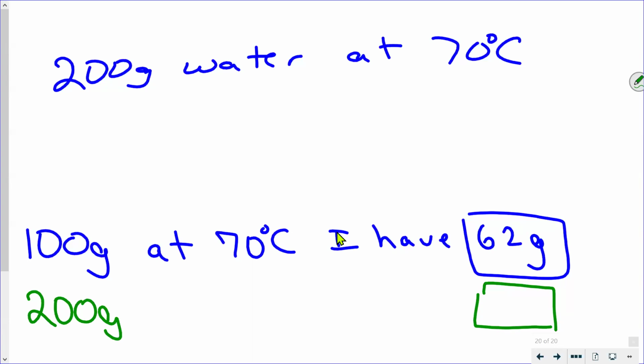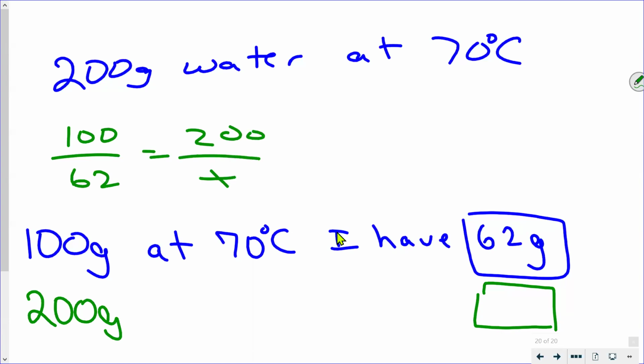The math is 62 over 100 equals x over 200, and people flip it. It's like on both sides. If I did 2 on that side, I did 2 on that side. So whatever method you use works out the same.